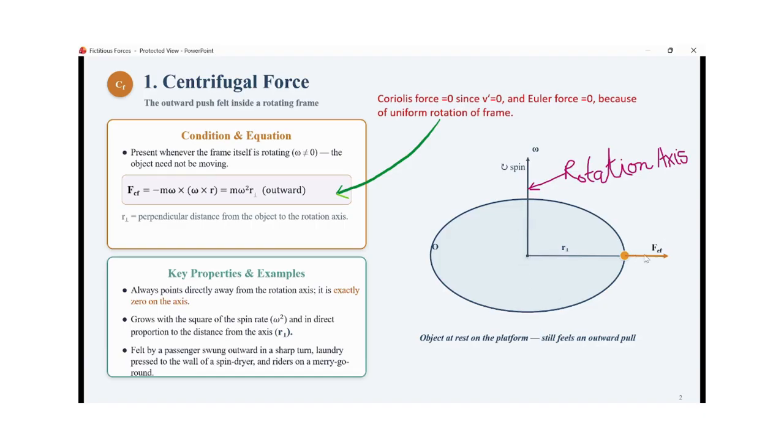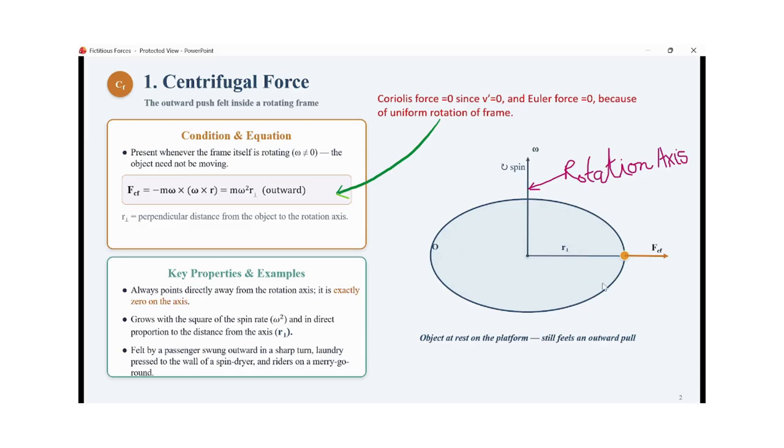Then the centrifugal force will be directed outwards in this direction, and this appears to be acting on the object just because of the rotation of this observer. This observer is itself on the rotating disc.